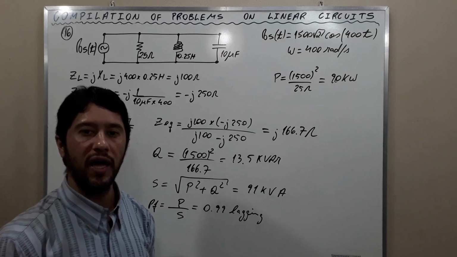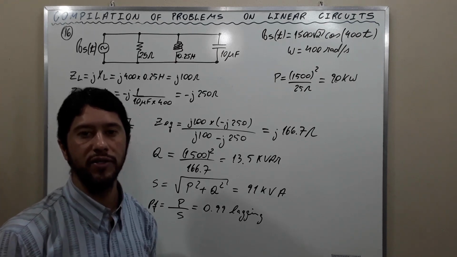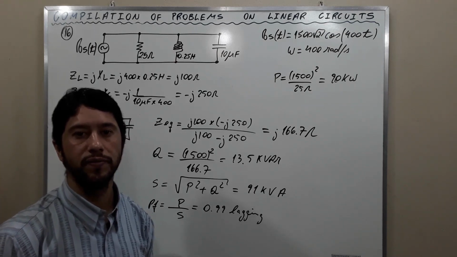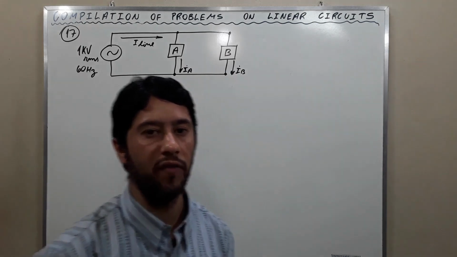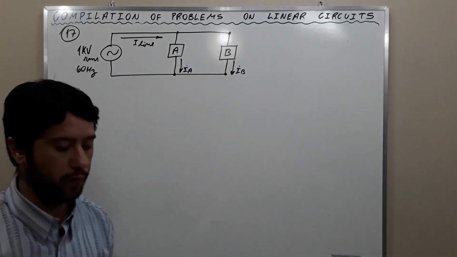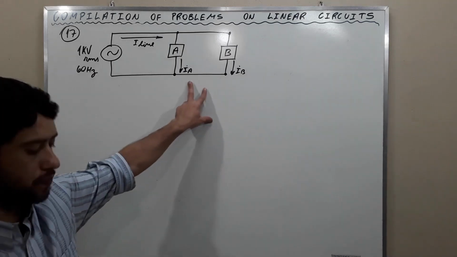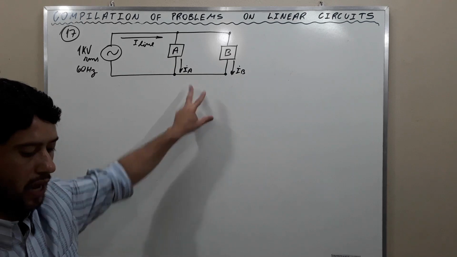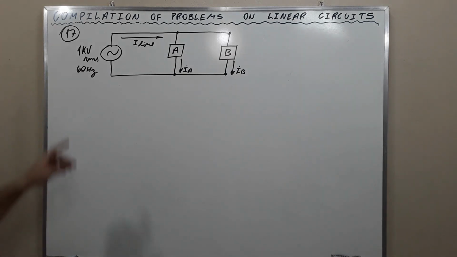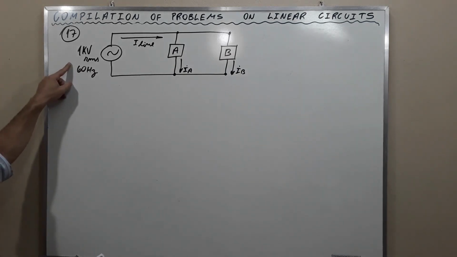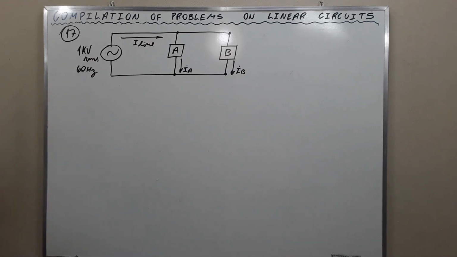Let's go to the last, exercise 17. Two loads A and B are connected in parallel across a 1 kilovolt RMS, 60 Hz line as shown on the board.